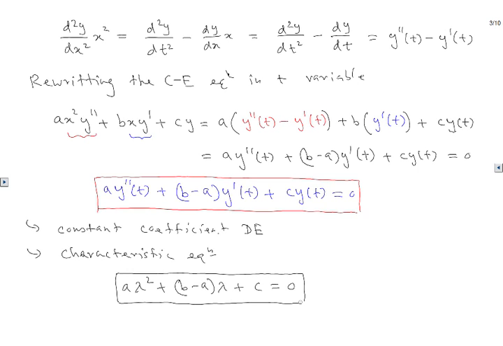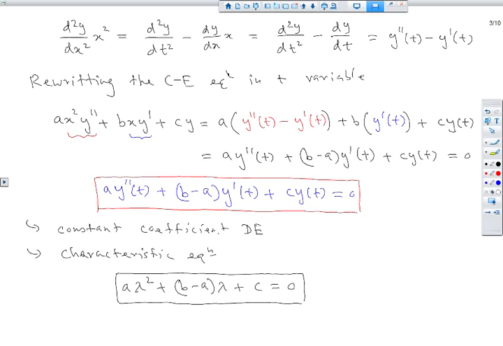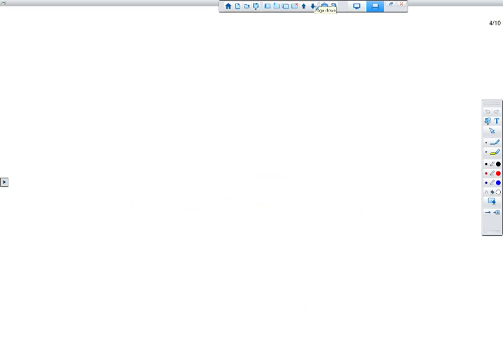So let's do that. We go case by case. If b minus a squared minus 4ac is greater than 0, then we have two real distinct solutions, r1 not equal to r2, and we know how to write the solution.